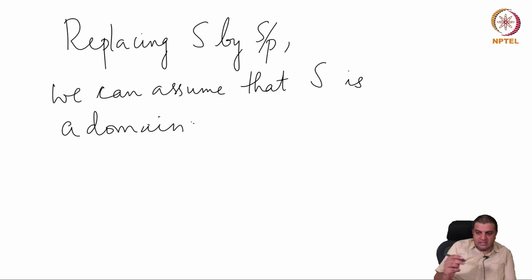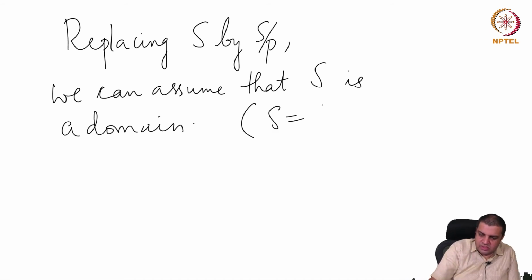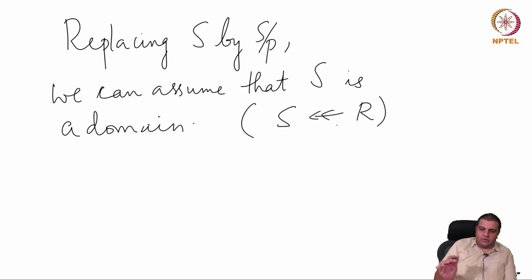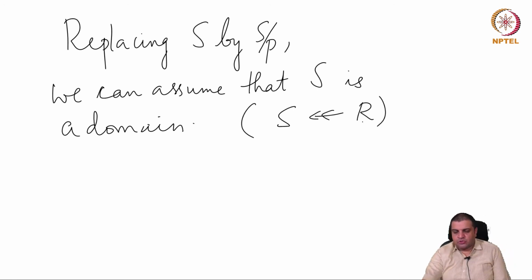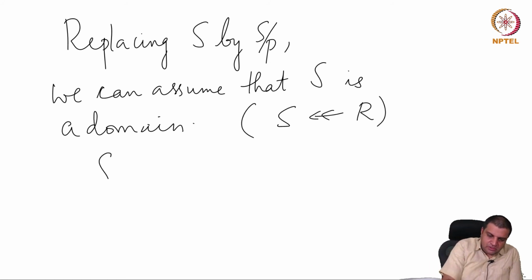Okay, and then the question is, S, remember, S is still a quotient of R. It's still a quotient, not arbitrary S. Okay, so now we have a polynomial ring in n variables over an algebraically closed field, this R, and a quotient ring which is a domain, and then spec S is irreducible.